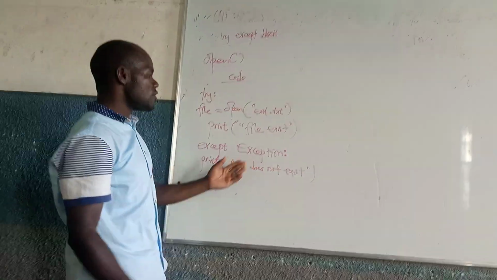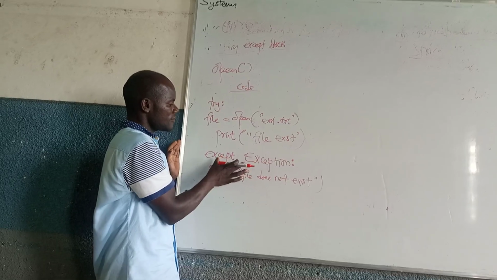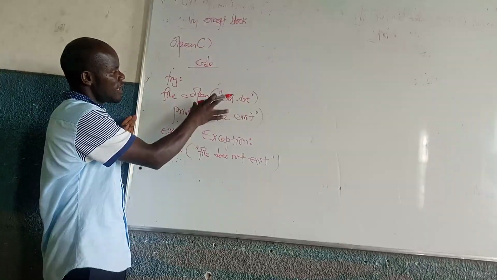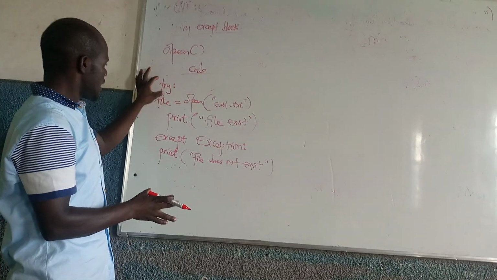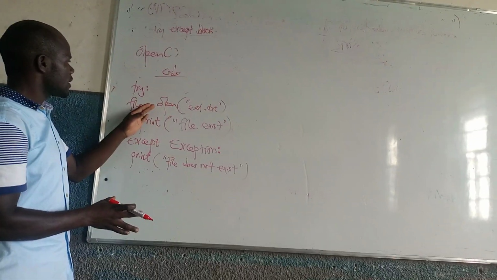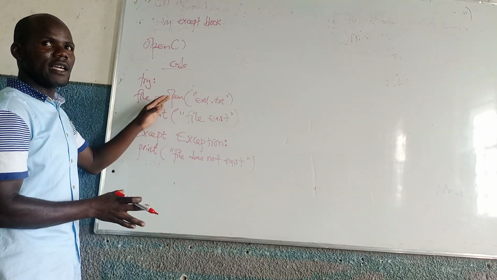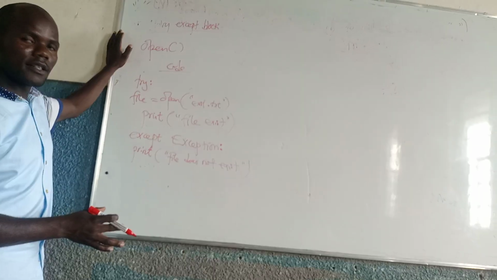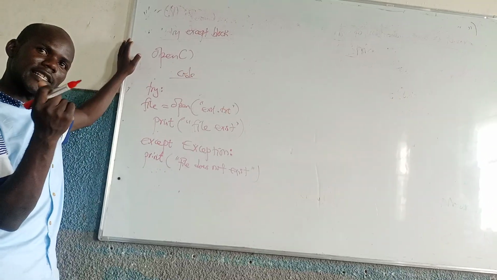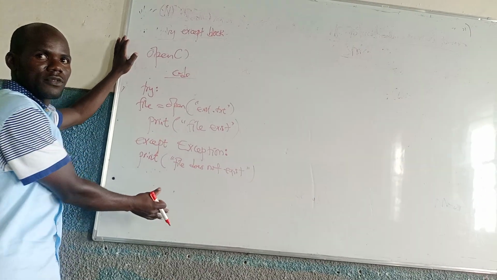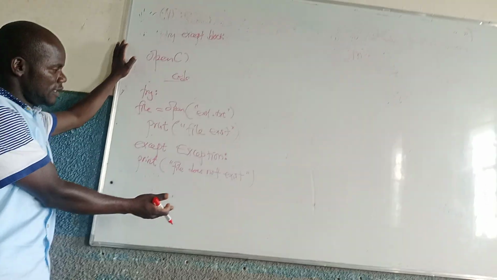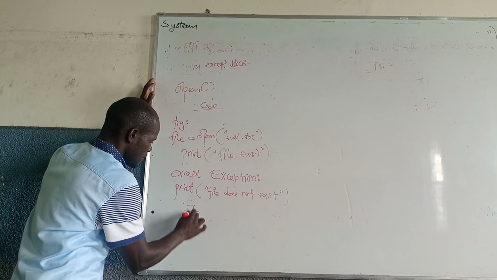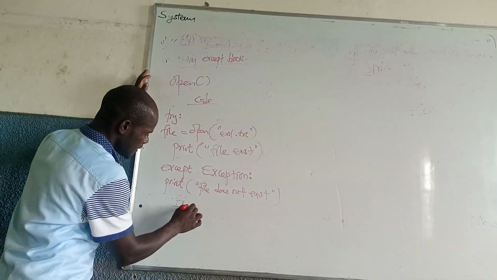And since you indicated the exception command, here you have try. It's going to try to open the file, and if the file exists, it will print file exists. If it doesn't exist, it will print that for you. Does it exist? Yes. So this one, it will print file exists.